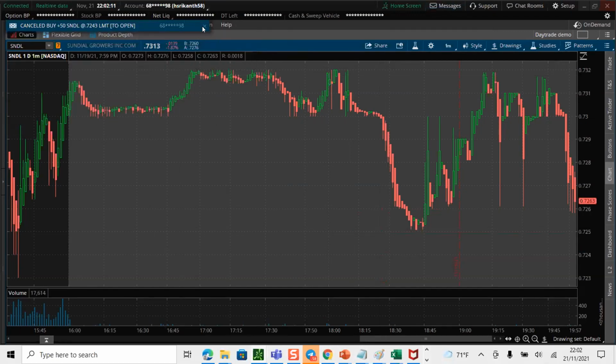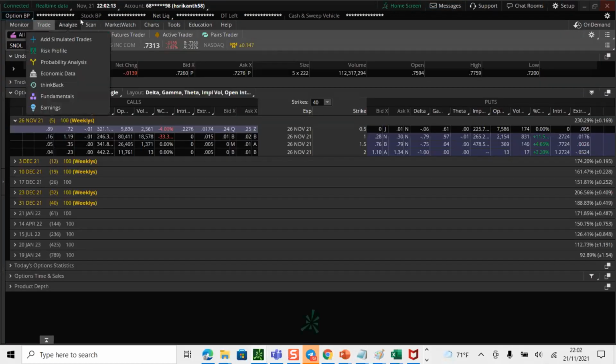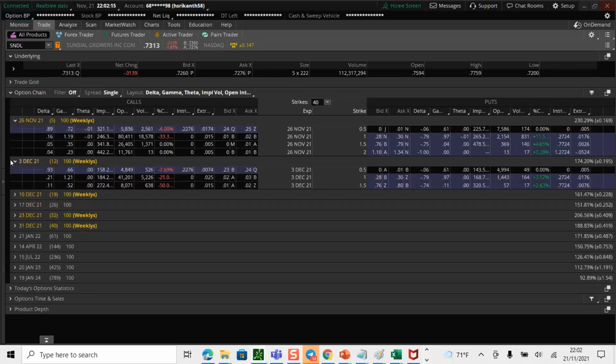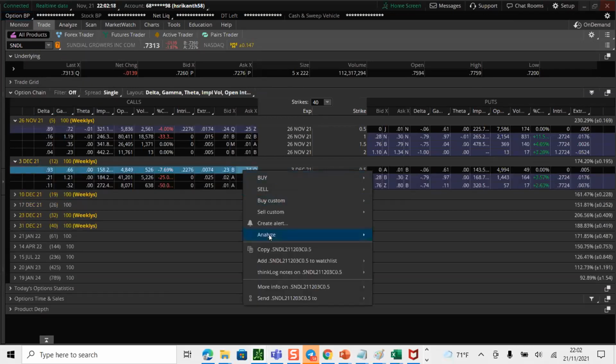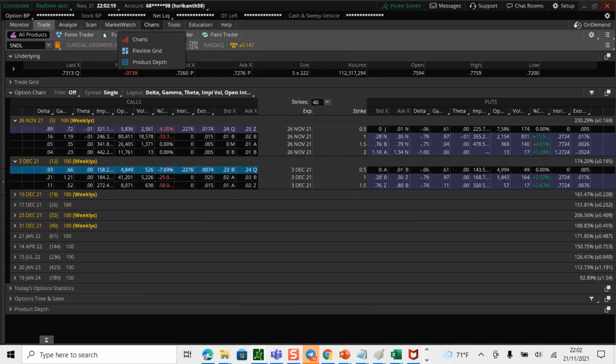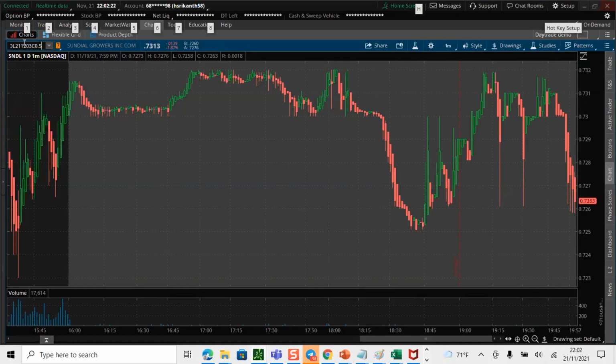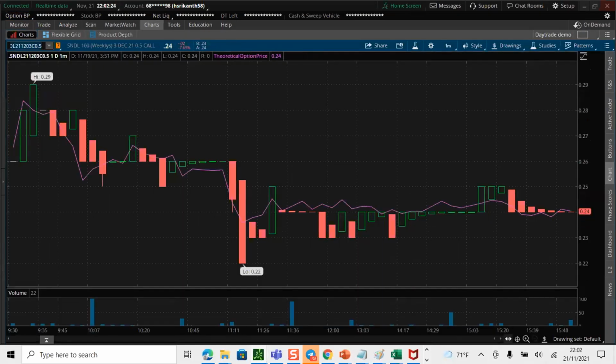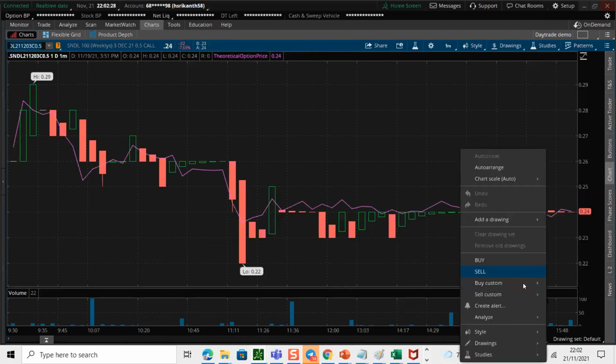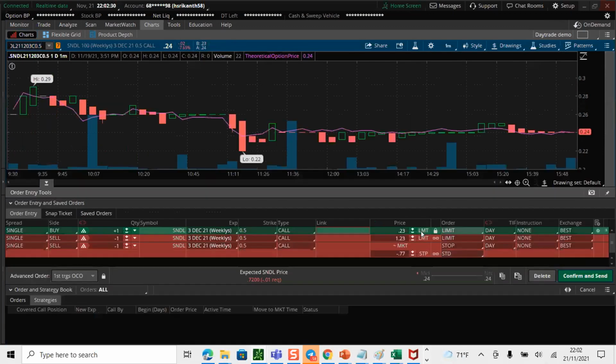I'll select the same option chain. Right? You can buy two different option sets. You buy at 23 and sell at whatever, $1, and you can also have a stop loss, let's say a trailing stop.